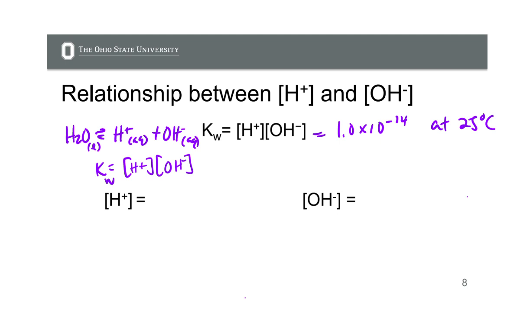If we know OH minus, we can calculate H plus. So solving for both of those, we have H plus equals Kw over the OH minus concentration, or OH minus equals Kw over H plus. Everyone okay with that?